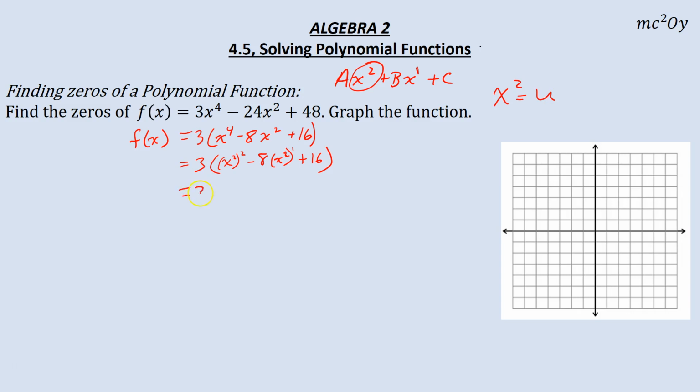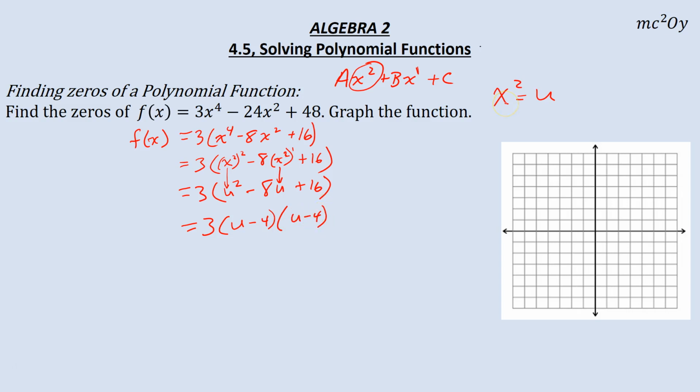So wherever I have an x squared, I'm going to put a u. Okay, so I'm going to have u to the second minus 8 times u plus 16. So this x squared became u. This x squared became u. I have that squared on the outside. By doing that, that allows me to easily factor this. u squared minus 8u plus 16 just factors to u minus 4 and u minus 4.